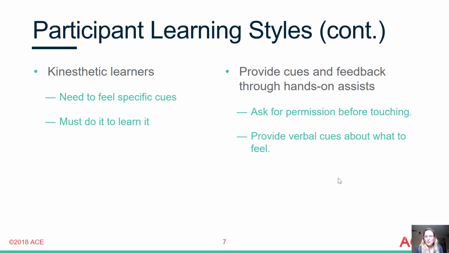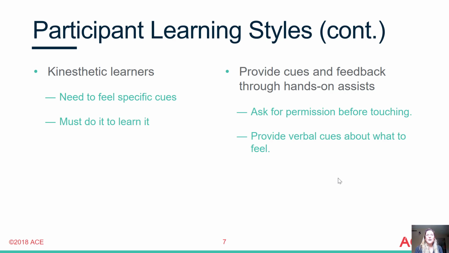So provide cues and feedback through hands-on assists. If we're going to touch someone in our class, first and foremost, we have to ask permission before just touching a person. It's always great if we want a correct form, but if you can do it verbally, that's the best. But those kinesthetic learners, they need to feel.